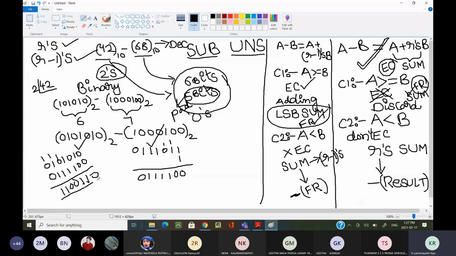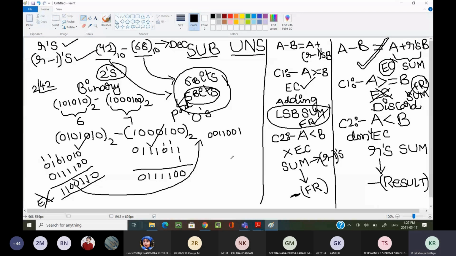Now in this case, I don't get any end carry. What should I do? I'm not getting any end carry, so once again I want to calculate the r's complement of this number. Directly I am calculating the 1's complement: 0011001.